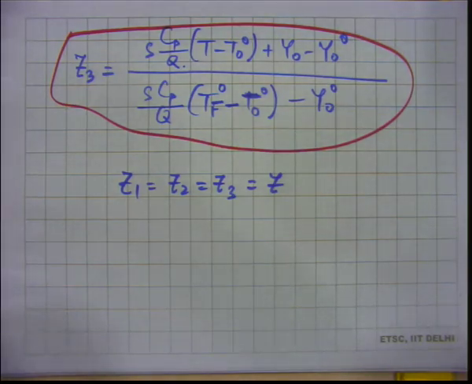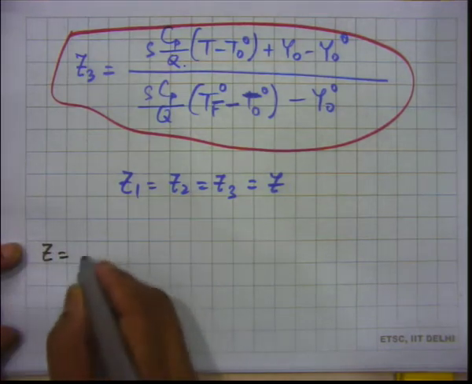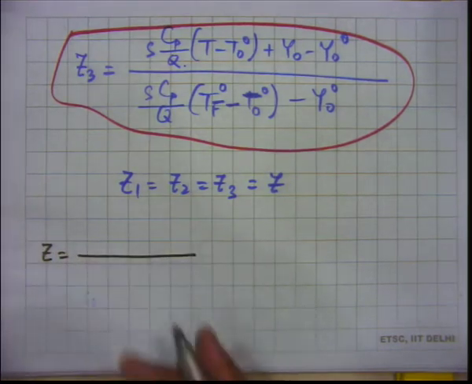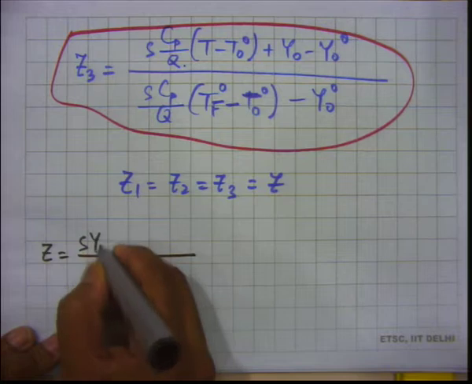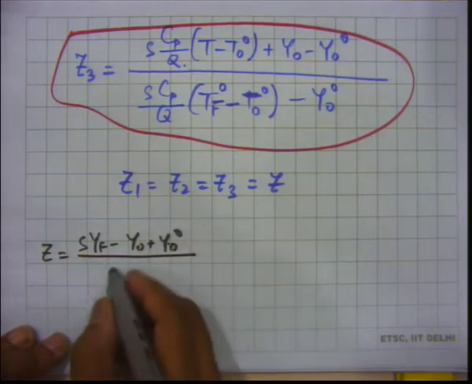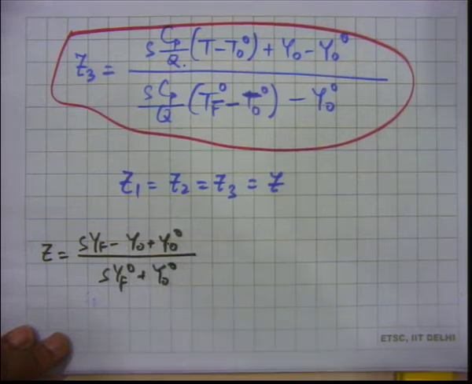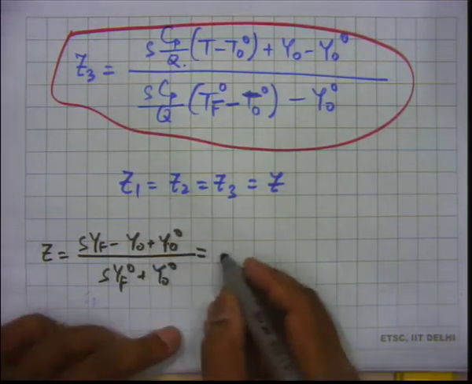Putting all of these together, we have a small z now, which is equal to Z1. Z1 is this, which is equal to Z2.